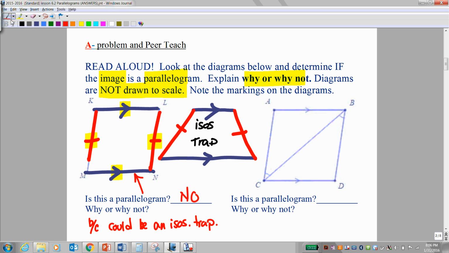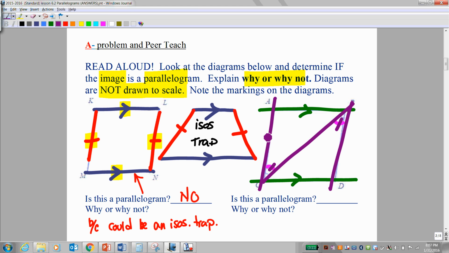Let's take a look at the next one. What do the markings say? The markings say that these two sides are parallel. And then here, these angles are congruent. Well, this may not seem like it's a parallelogram, but if these angles are congruent, that means we have alternate interior angles of the Z going on, and that means these purple sides have to be parallel.